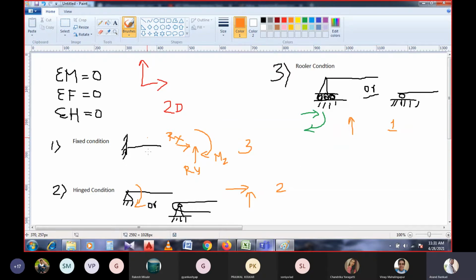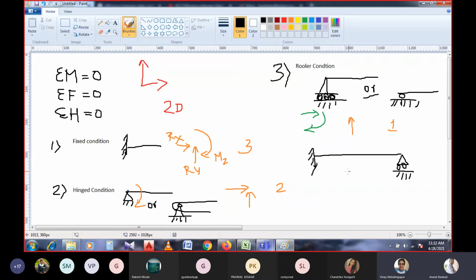So along with these supports, in some conditions we'll be having a release in the beam. So what is that release? Say we can have a fixed support over here, and a hinged support over here, right?